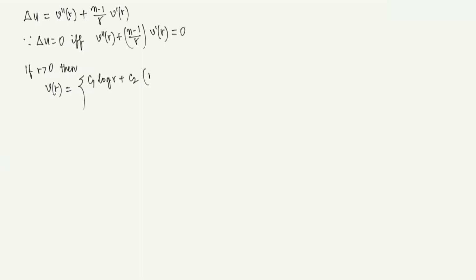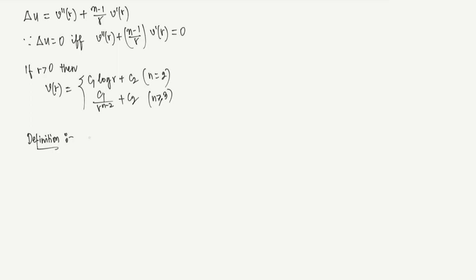This is for n equals 2, and it is going to be c1 by r to the power n minus 2 plus c2, for n greater than or equal to 3. So essentially we can solve this equation for n equals 2 and n greater than or equal to 3, and we can see those are the solutions. With this, we can define the fundamental solution.